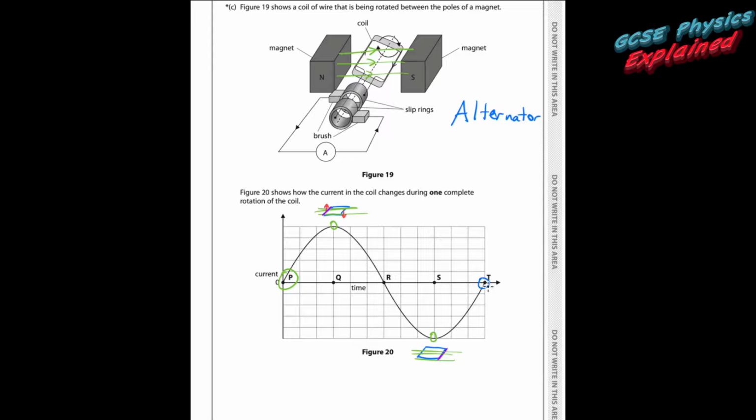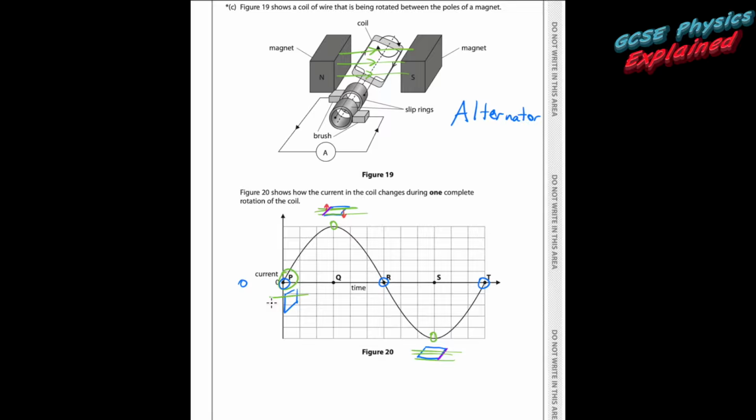Now at positions T, R and P, the current is 0. So that must mean that the coil is not cutting through any magnetic field. So basically, your coil is vertical.